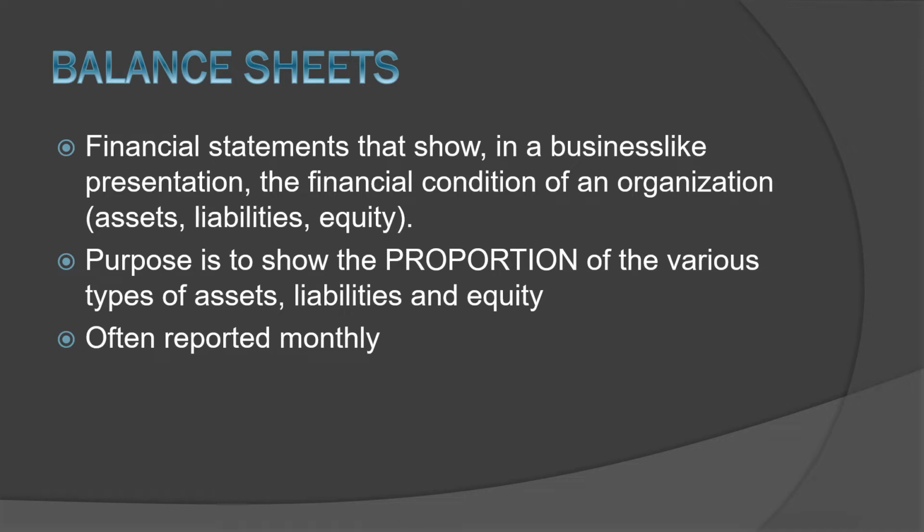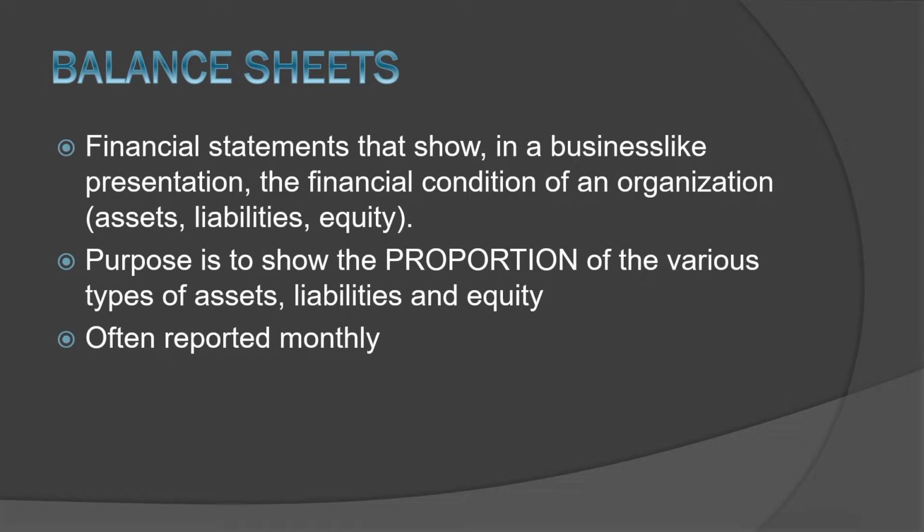So, balance sheets. As we've previously discussed, balance sheets are financial statements that show the financial condition of an organization. It's looking at assets, liabilities, and then equity, the worth of the company. The purpose of it is to show the proportion of assets, liabilities, and equity.